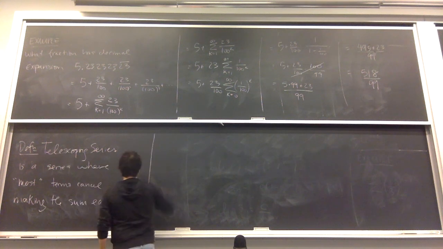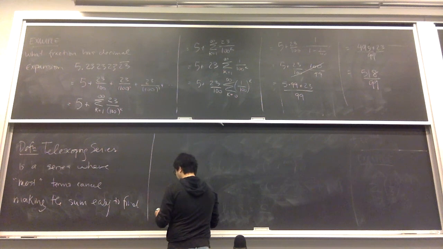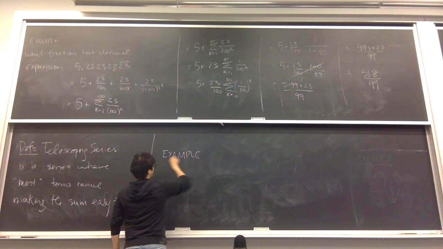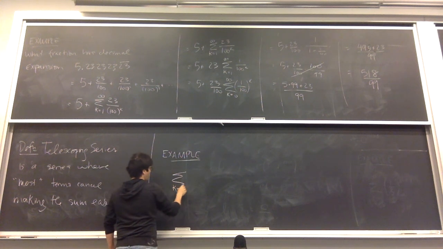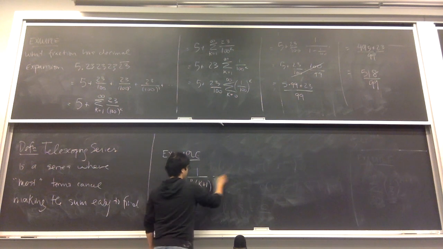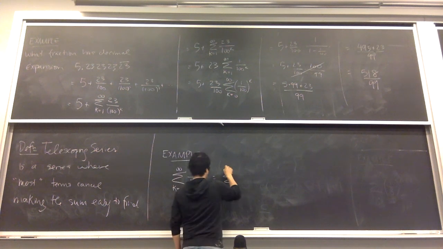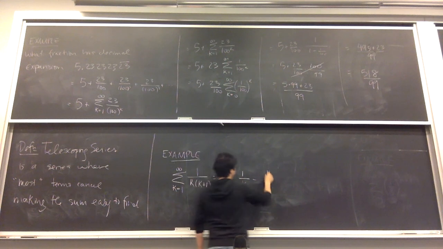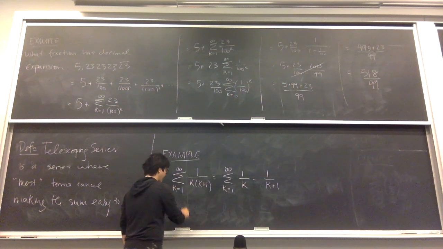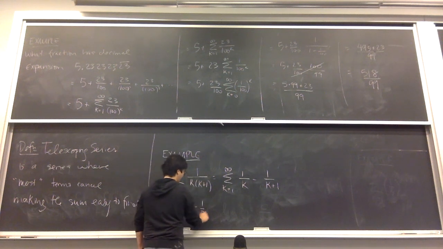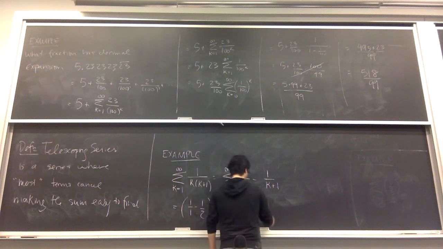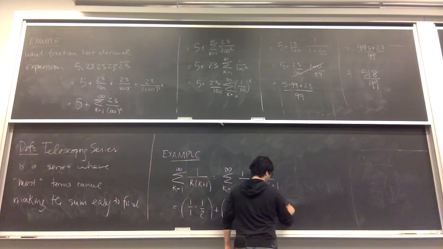We actually had an example of a telescoping series the other day, and that was this guy. The sum from k equals 1 to infinity of 1 over k times k plus 1. We learned this could be written as 1 over k minus 1 over k plus 1. When we worked out a few terms, we got 1 over 1 minus a half, plus a half minus a third, plus a third minus a quarter, and so on.